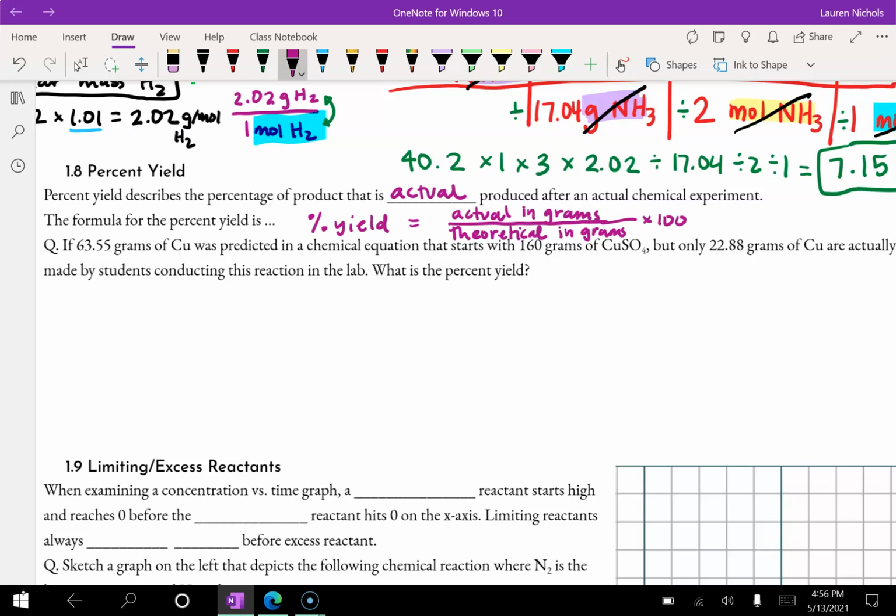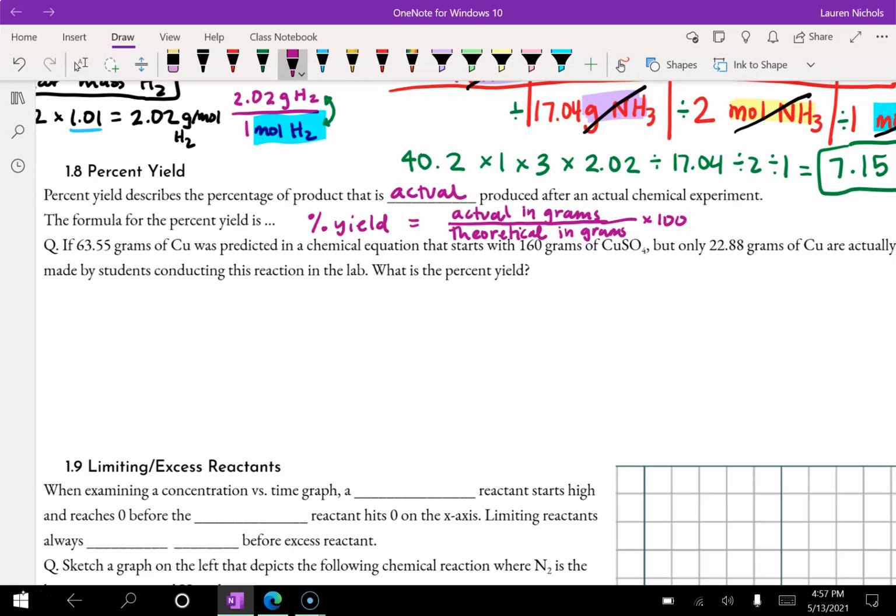So basically, how much you did make divided by how much you should have been able to make, or what was possible, times 100. It's the same concept for how you get a grade in chemistry. How you actually did divided by, in theory, how much you could have got done times 100.